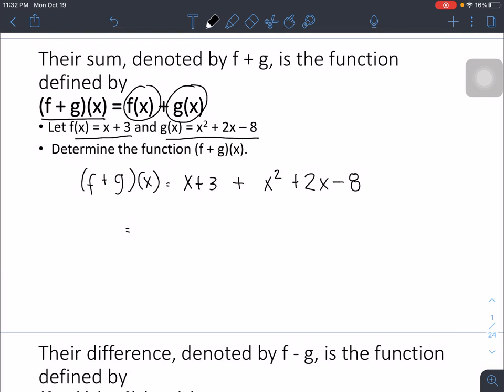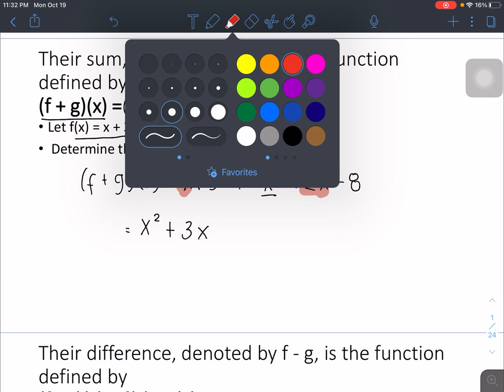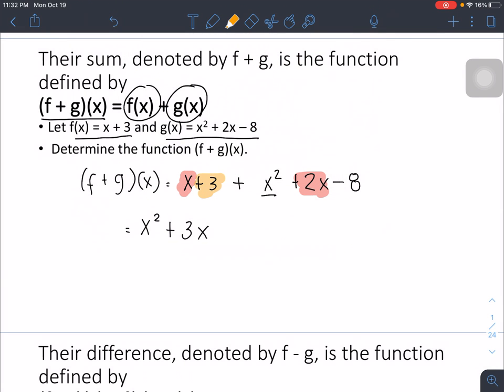Let us first place x squared here, plus like terms we will be having x and 2x, so that will be 3x, followed by 3 and negative 8. So 3 plus negative 8 will be negative 5. Okay, so this is how we will do addition operation.